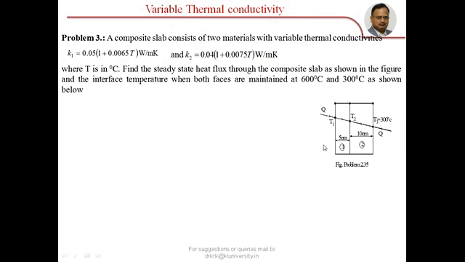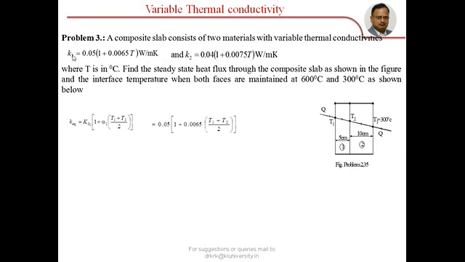We don't know T2. Similarly, thermal conductivity of the second material is given in the form of K0 into (1 plus alpha T), so it also varies with temperature. We know only T3, we don't know T2. So, without knowing T2, you cannot determine average values. So, what to do? Carefully follow.